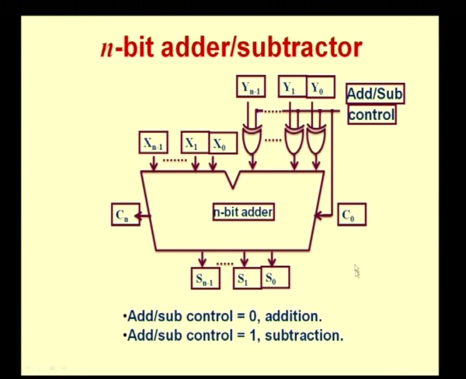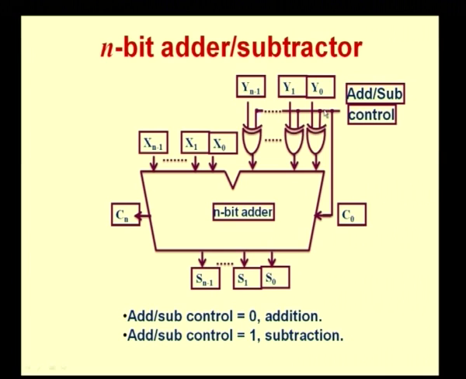and this whole thing now will act as an n bit adder. Now, if I want to do a subtraction, the add sub control will be equal to 1. So, if it is a 1, what will happen to the exclusive OR? One input is a 1. So, if this is a 0, the output will be a 1. If this was a 1, the output will be a 0. So, the exclusive OR gate with one input tied to 1 will basically act as an inverter, which is what we want.